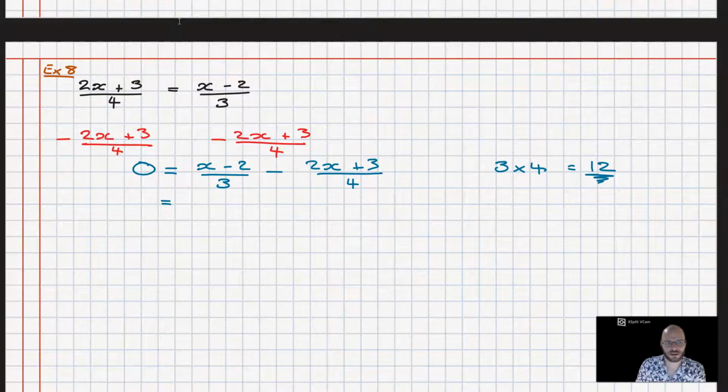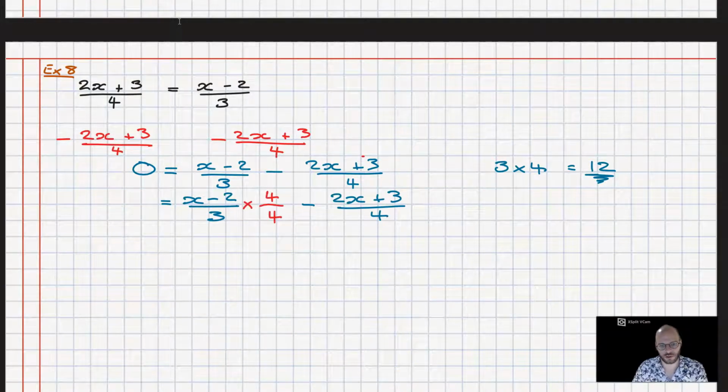Now doing that, I'm going to multiply the first fraction here by 4 in the numerator and 4 in the denominator, and then the second by 3 in the numerator and 3 in the denominator. So that's going to look like 4 upstairs and downstairs, and we'll put the implied brackets on it as well.